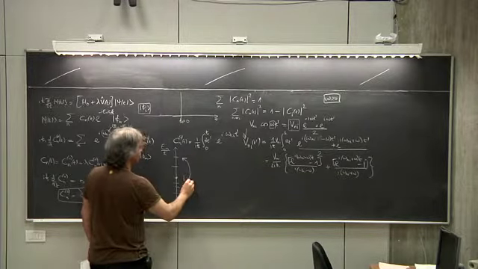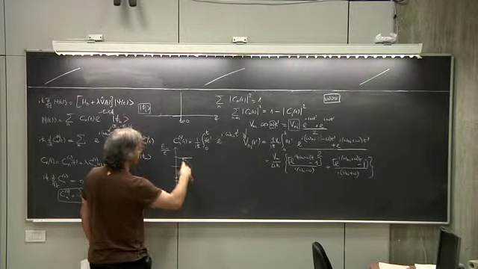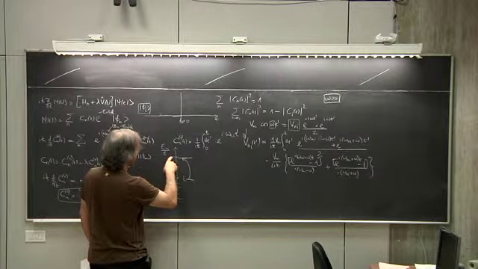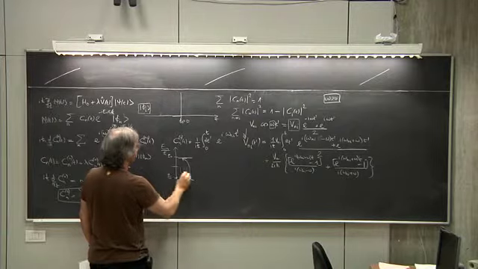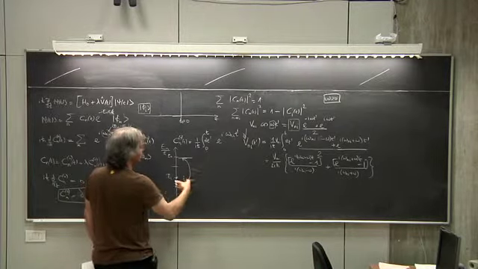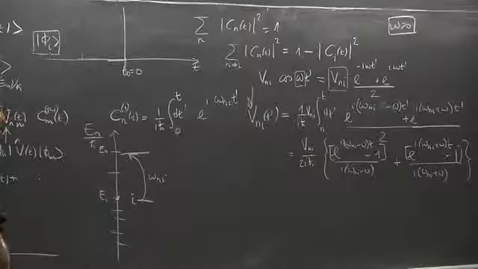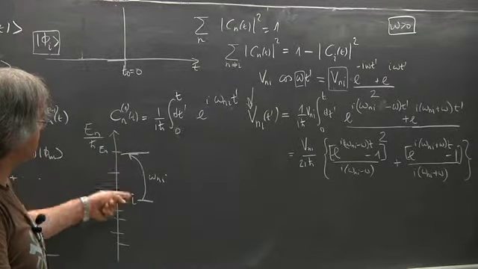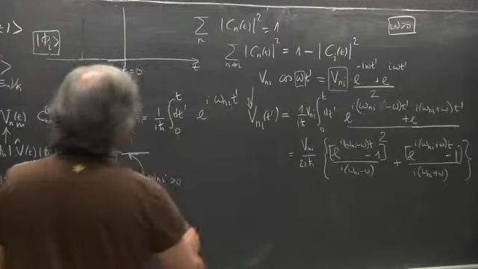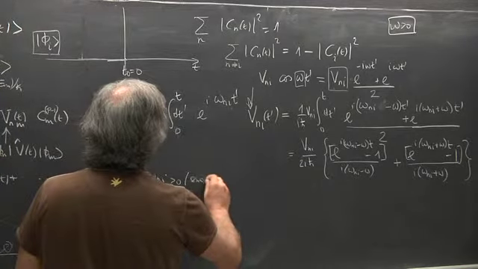For instance, in a case like this, it would be this difference between E_n and E_i. So you see, this is a case where you are trying to calculate the probability of exciting a system to a larger state. So this would be greater than 0. Okay? Excitation.